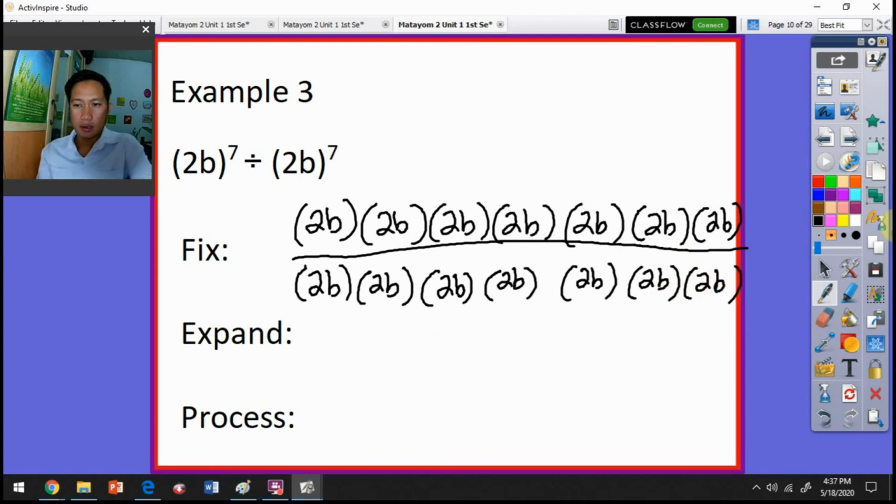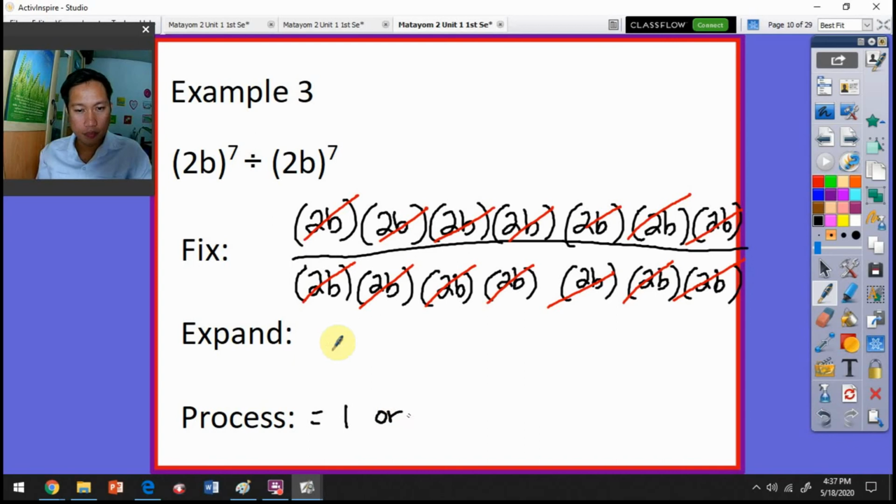And you can cancel all the 2b's out together. Each pair will be canceled out, and the result is equal to 1.